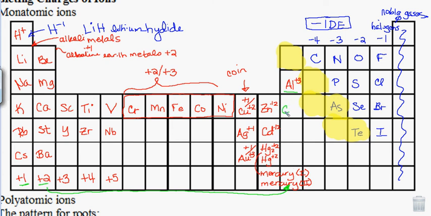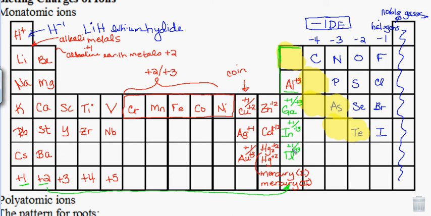We've got our gallium, we've got our indium, and we have our thallium. What's going to happen is they're going to share that +3 that aluminum has. But if you notice, they're also starting this new block. And because they're starting this new block, they're also going to carry an oxidation number of +1, because they're the first group in this area of the periodic table.